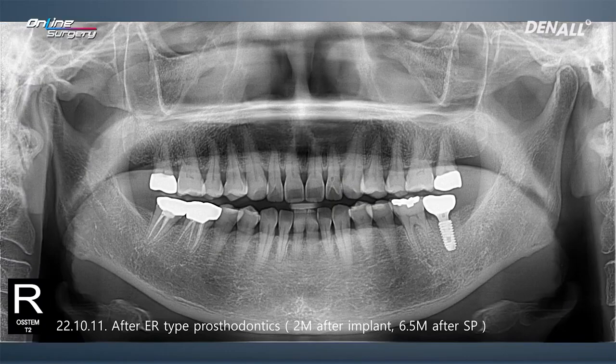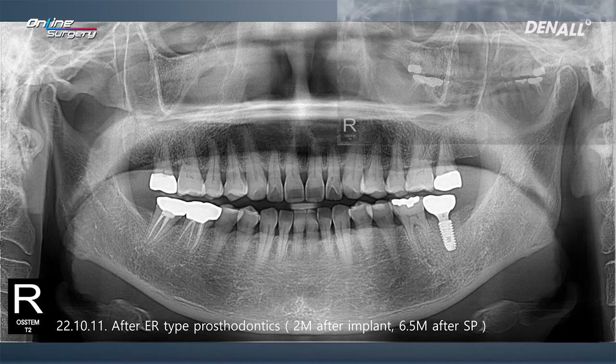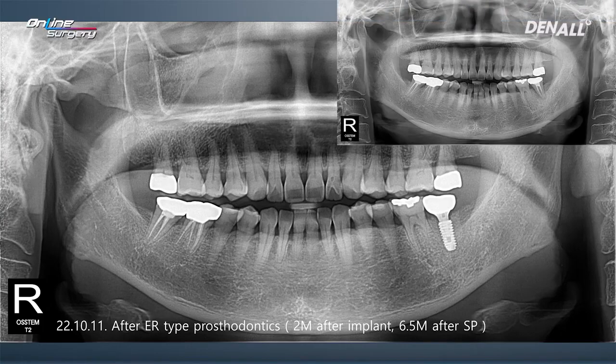After socket preservation, about 6.5 months later, loading was done. If you compare with before surgery, in the area where there was a periapical lesion, A Oss was used for socket preservation, and about 4.5 months later, surgery was done, and loading was done after 2 months.